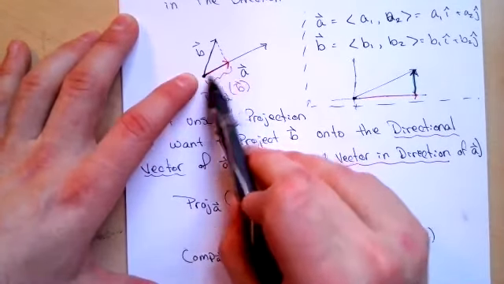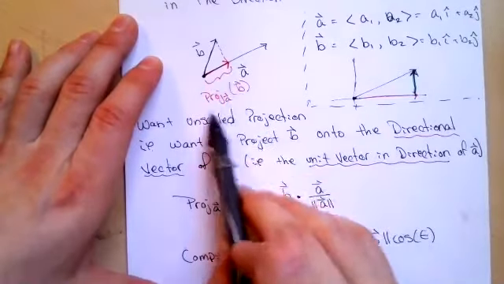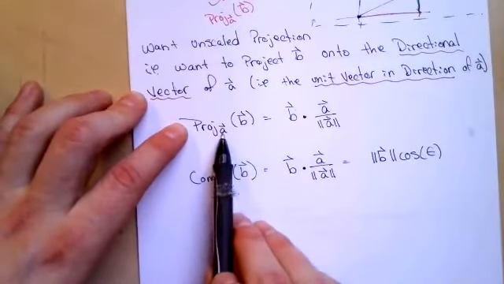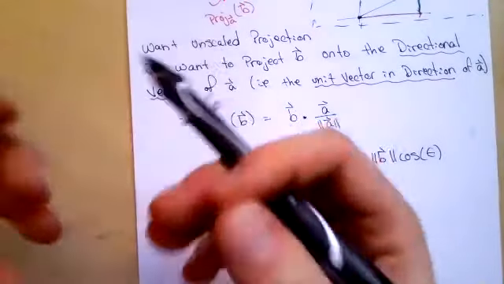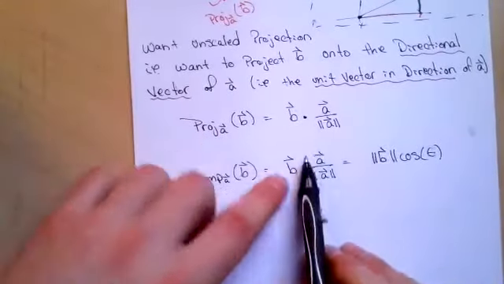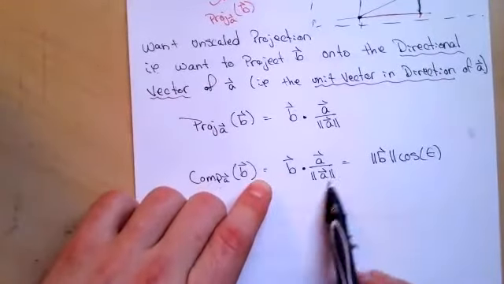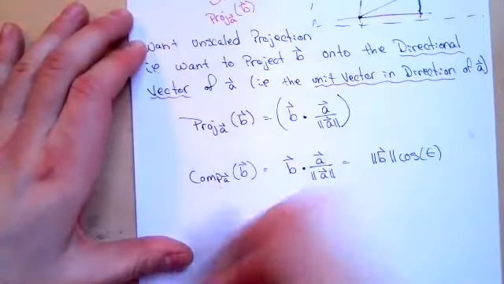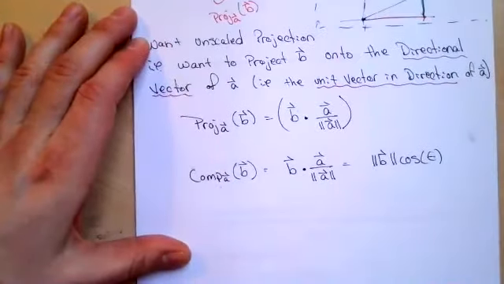If we need to attach the vector direction and actually make the vector projection, so when we see this projection of B onto A, we mean the vector projection. So not only do we want to keep track of the component, the length of that, we also need to tell us what direction we are pointing in.